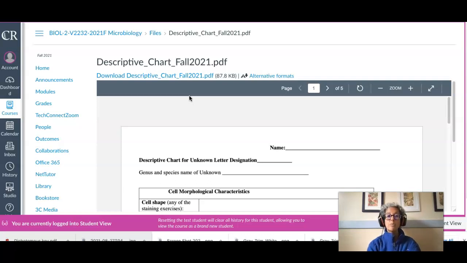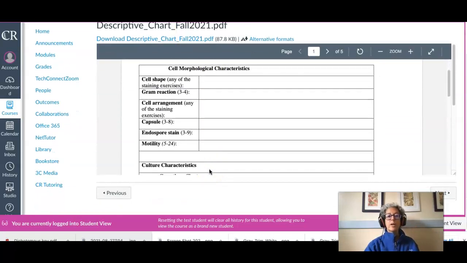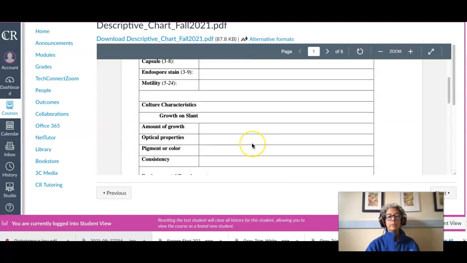But we need this descriptive chart, so there's one place that you go to look for what did my unknown do on these tests. So it is organized by the morphological or shape characteristics, the cell shape, its gram reaction, how it appears in cellular arrangement, the various stains we're going to do, is it motile.